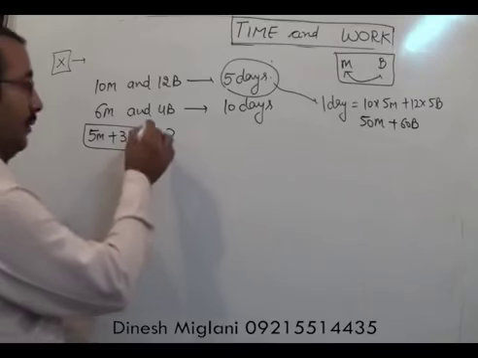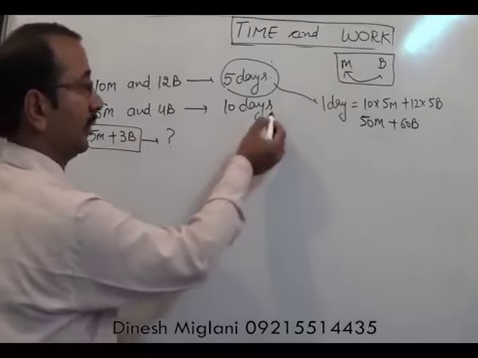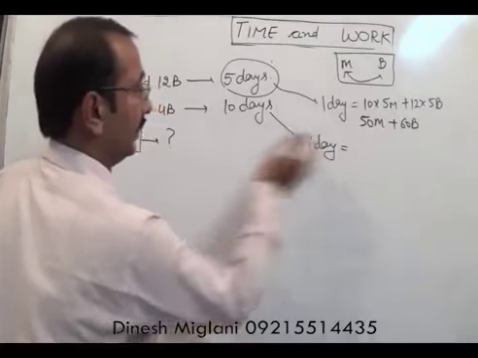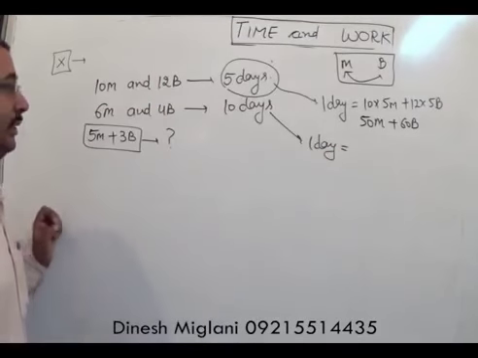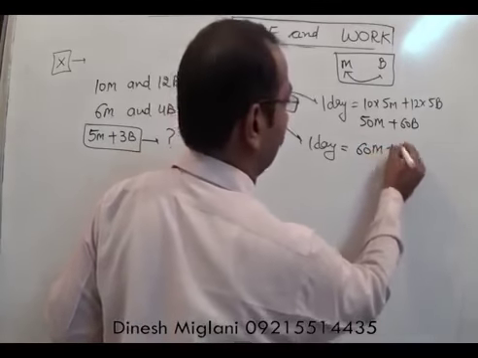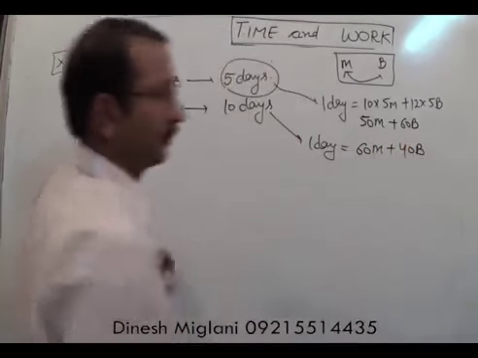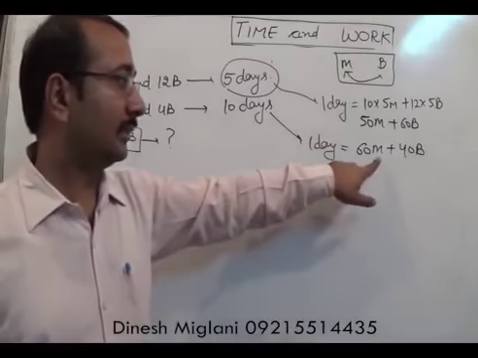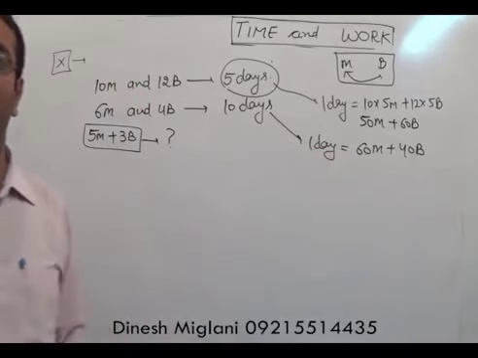Similarly, 6 men and 4 boys can do the work in 10 days. If they have to do the work in 1 day, I have to multiply both values by 10. So this will be 60 men plus 40 boys. These persons will do the work in 1 day as well as these persons will do the work in 1 day.